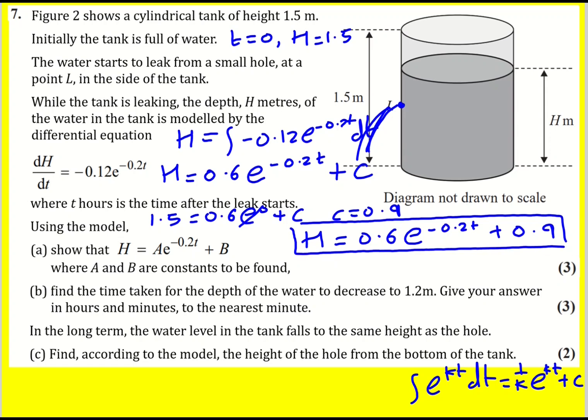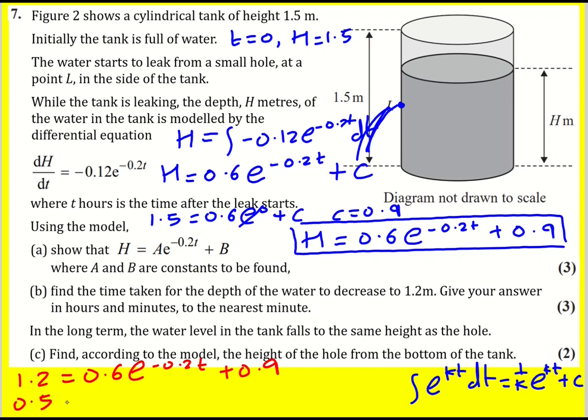Find the time taken for the depth to decrease to 1.2 meters, giving our answer in hours and minutes to the nearest minute. So I can set h equal to 1.2, sub in. So 1.2 is going to be 0.6 e to the minus 0.2t for this specific time now, plus 0.9. I can minus 0.9 from both sides and then divide by 0.6.